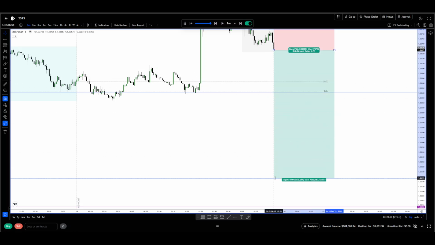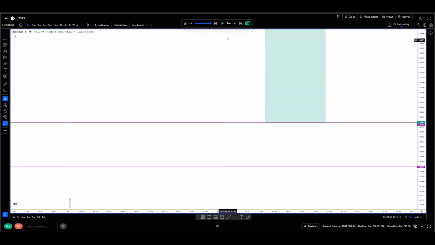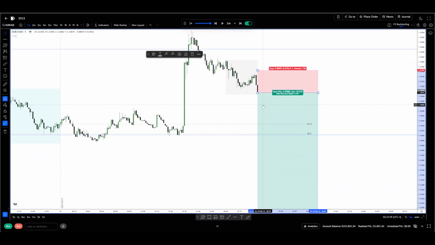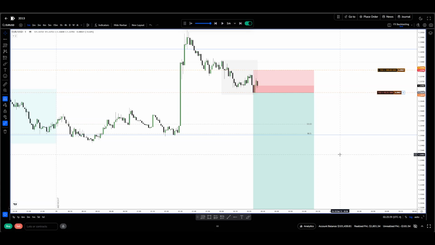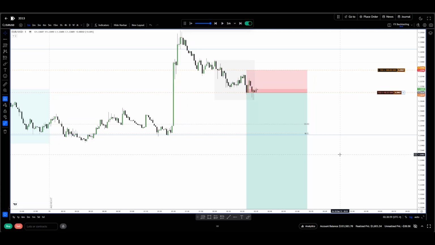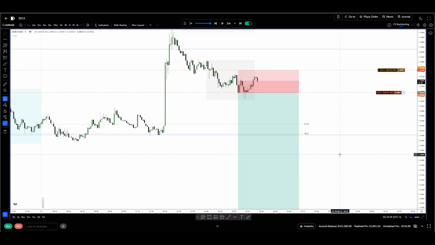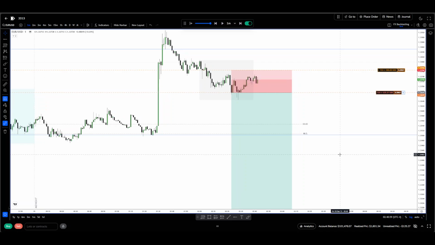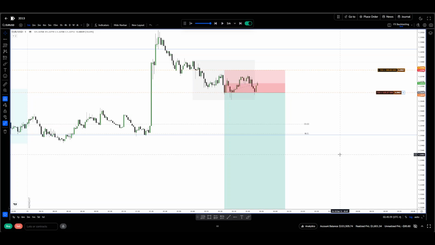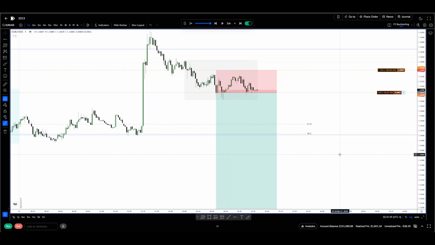Target. Let's first rejection block. The market. No, is that going to end well?